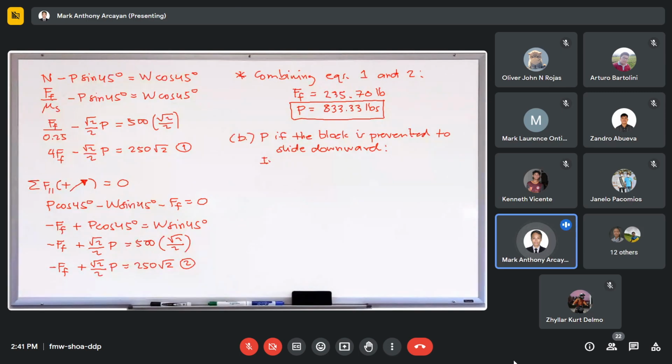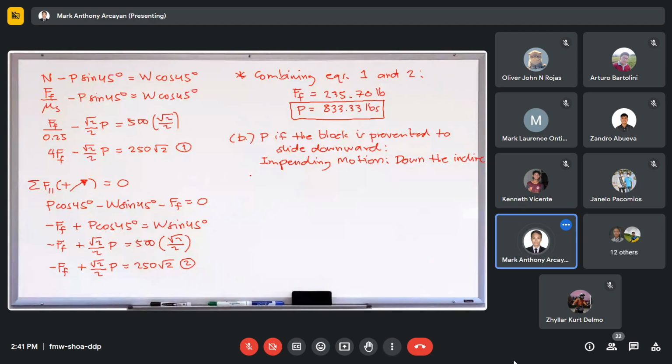So ato ning impending motion, or ang tendency nga mo move ni siya. Ato lang ning pugngan, mangita ta og value sa P, or pilay amount sa P needed para imo mapugngan nga mo slide ni paubos ang atong block. So ang impending motion ani, based sa statement sa problem, downward or down the incline.